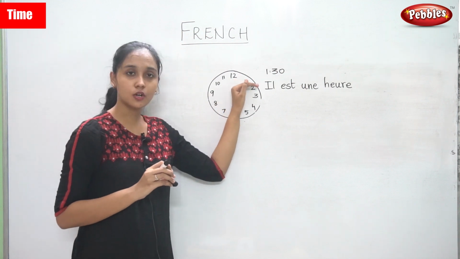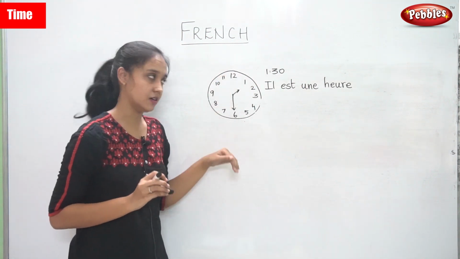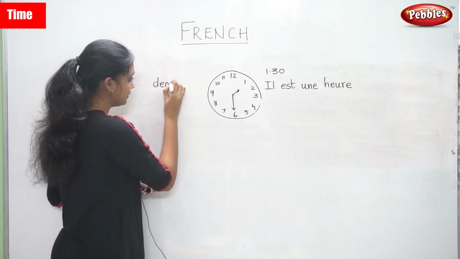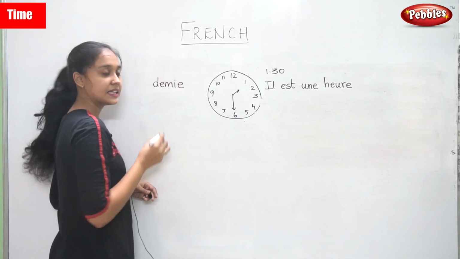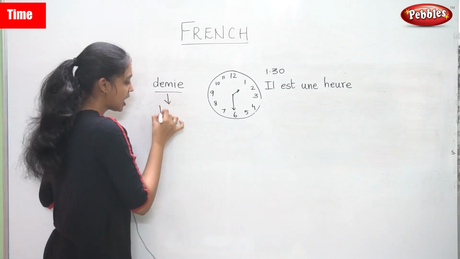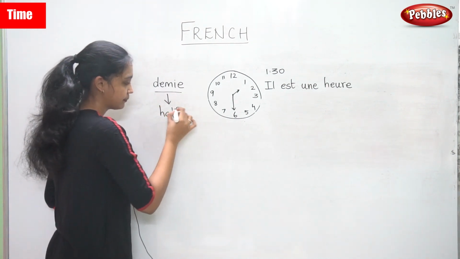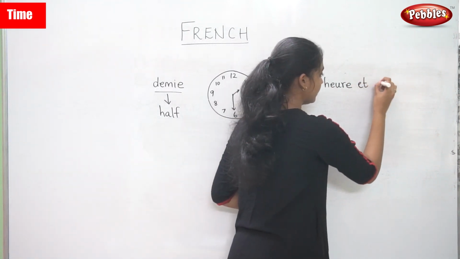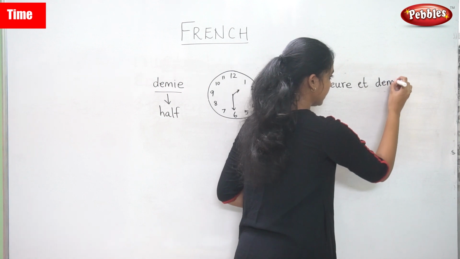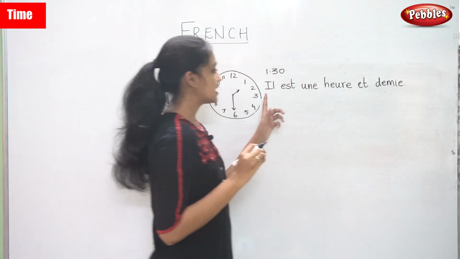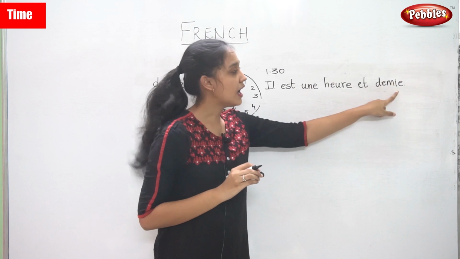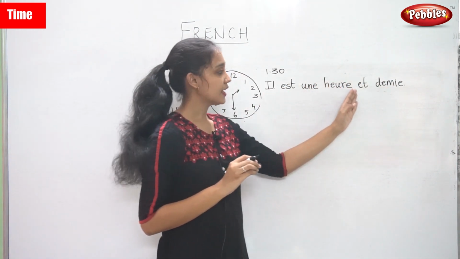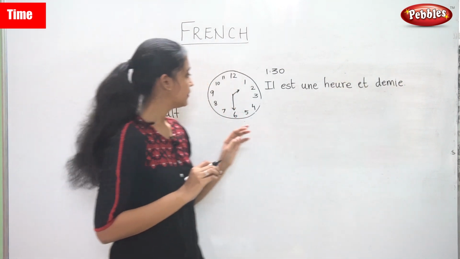So 1 o'clock and half an hour. So the word we use is demi. Demi means half. Il est 1 heure et demi. It is 1 hour and half. 1:30. Il est 1 heure et demi.